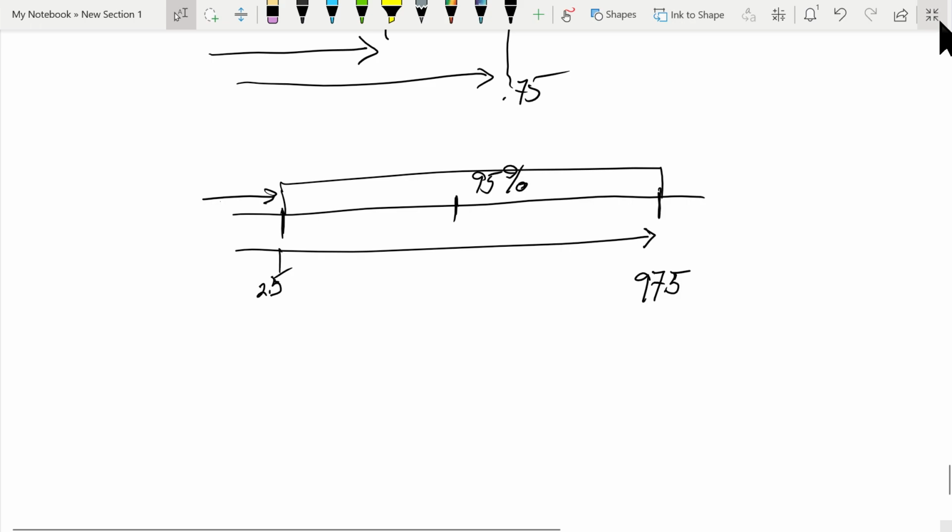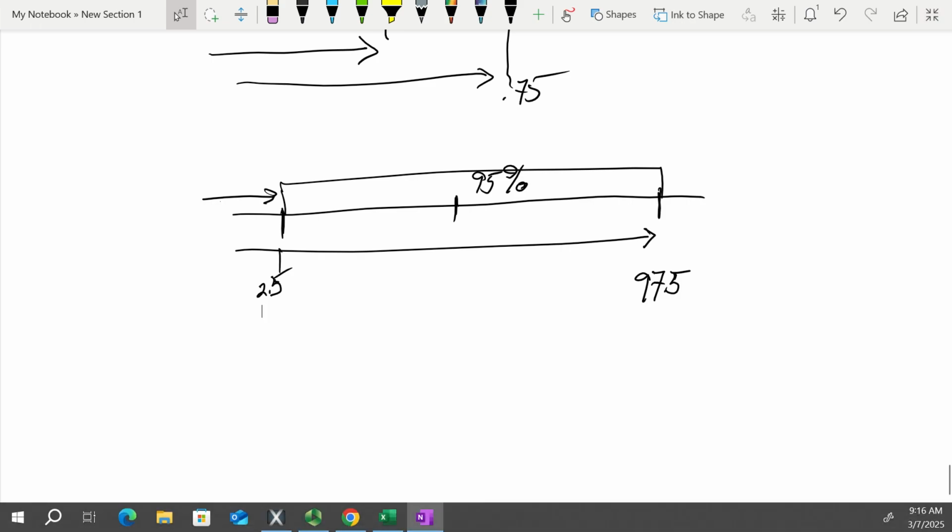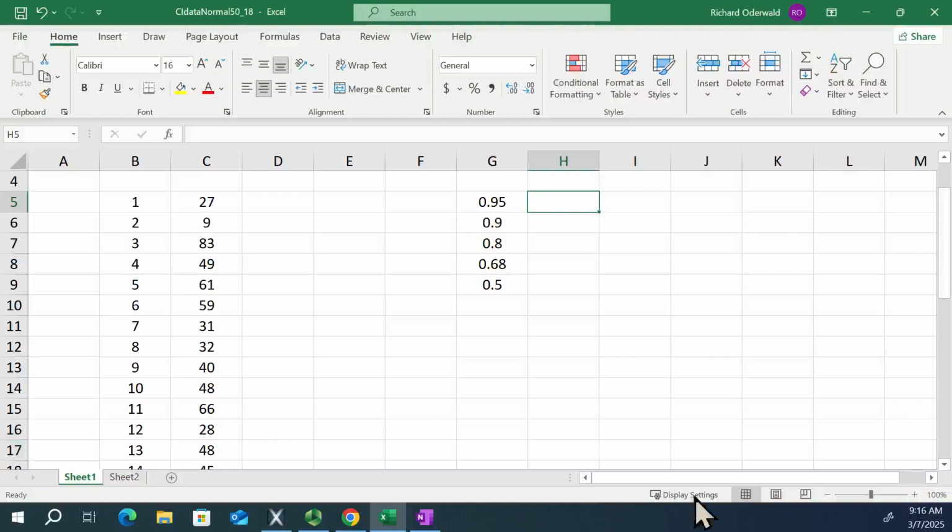So I need to find for these probabilities. I'm going to use the upper end. So for this is 0.95. I need to get a 0.975 so I can do the calculation easily. Let's put in 0.975.